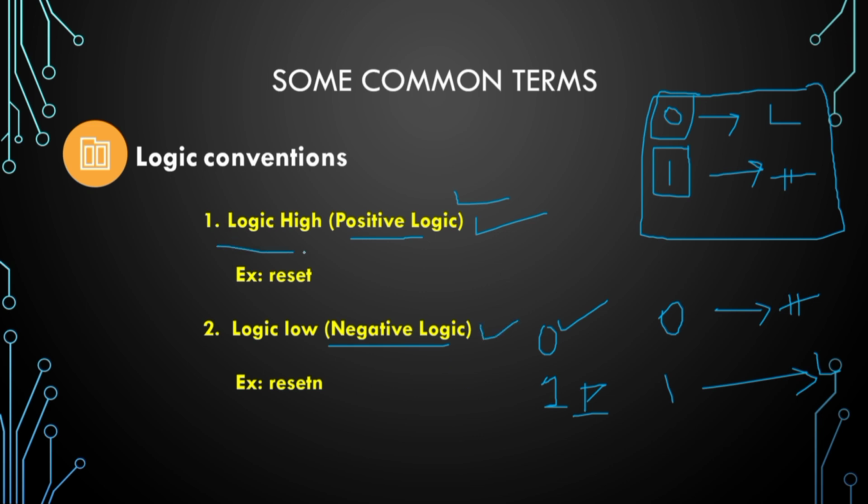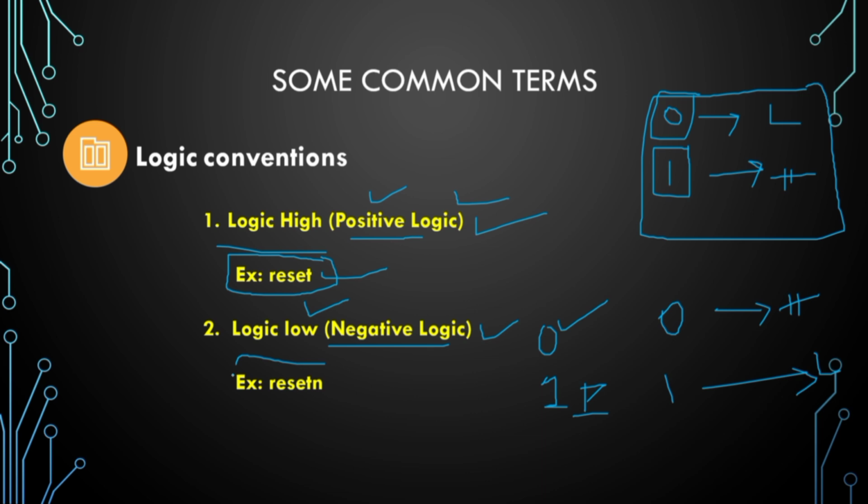So, in logic high, we are considering 1 as positive or high value and 0 as negative or low value. In logic low, 0 is considered as high and 1 is considered as low. Example, if we take a reset signal, if you give 0 to reset, it will not be working or it will be in low condition, and if you give 1 to reset, it will be in active state. That is what our positive logic is.